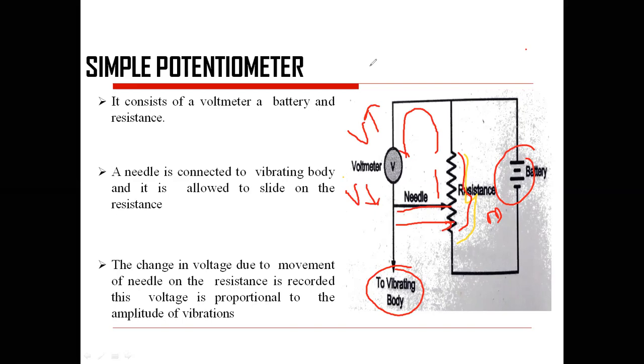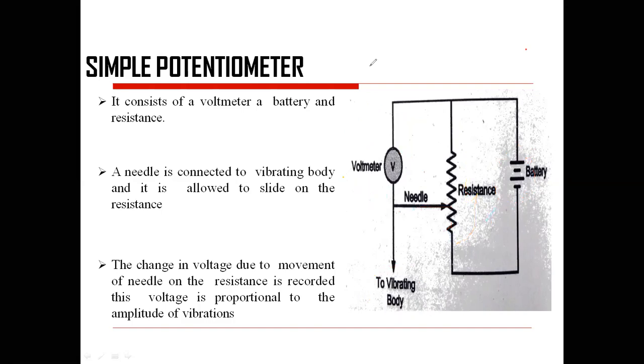So likewise, the vibrating body will try to move in the upward direction or downward direction, based on which you are going to get the voltage, and this voltage is calibrated in terms of vibrations.